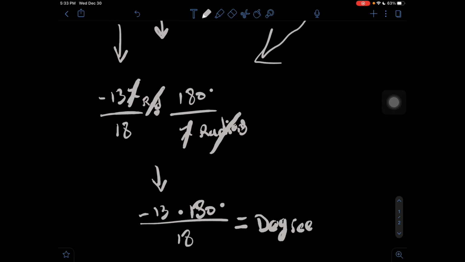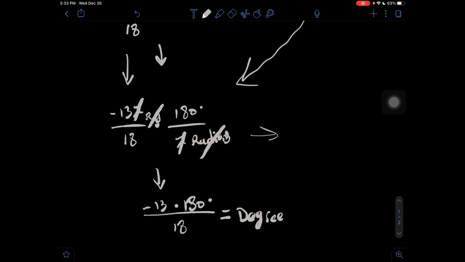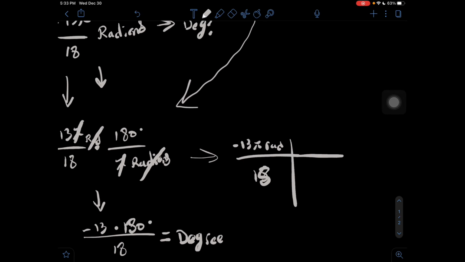You could also set it up as a railroad track, which would look something like this, where you have negative 13 pi radians over 18, and then a railroad track, and then you have 180 over pi radians.